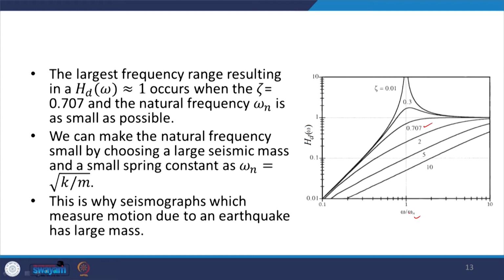So, the largest frequency range resulting in Hd omega equal to 1 occurs when zeta is 0.707 as I said, and natural frequency is as small as possible. Because we want the smaller value of omega n, we can get that by making the mass larger, and that is why the seismographs which measure motion due to earthquakes have a larger mass.